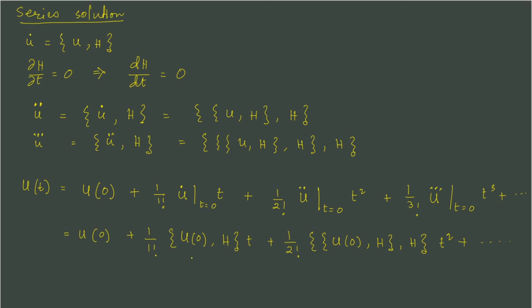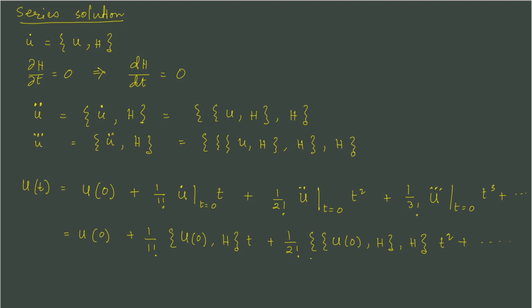The Poisson brackets or commutators are powerful enough to give you the complete solution without solving any differential equation whatsoever. You just have to evaluate the Poisson brackets, well, an infinite set of them, but in many cases these follow a pattern.